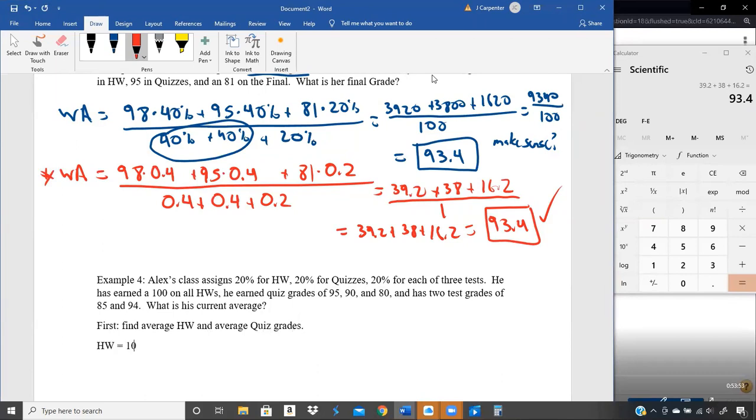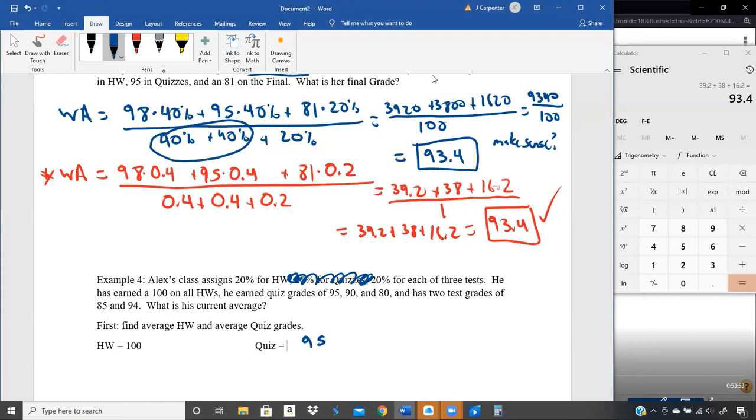Well, the homework is very obvious. It's 100. Why? Because he earned 100 on all the homeworks. Quizzes, we have a 95, a 90, and an 80. And you go, okay, well, the quizzes are worth 20% each. Nope, doesn't matter. We don't care about any of these weights right now when we're looking at an independent category, and all of these in the independent category are weighted equally. No quiz is worth more than another quiz. So this is the old school average where you just add them up and divide by the number of entries.